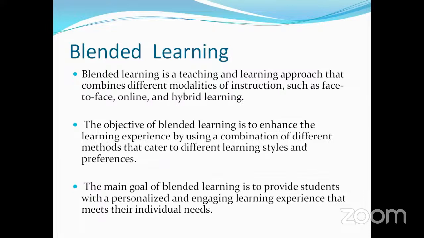So blended learning is used in different models like online and hybrid, all belonging to blended learning. In this learning, engaging activity is very important. Encouragement activity is very important. Then the students easily learn the subject. This is an important area of teaching, blended learning.